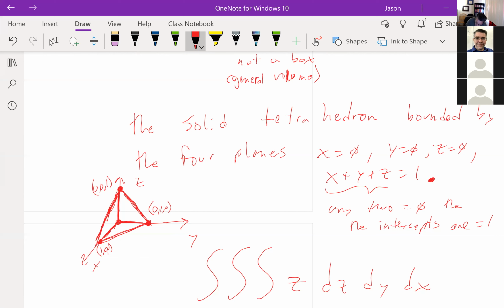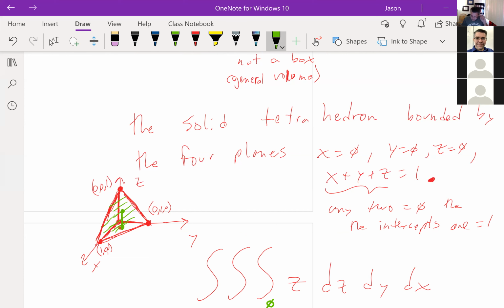Z goes from, say that we take a point here and we go to this point here. What would that point be? That would be on this plane, the slanted plane, right? If we did a vertical slice here, then wouldn't it go from z equaling 0 to that plane, wherever that plane is, x, y, and z?